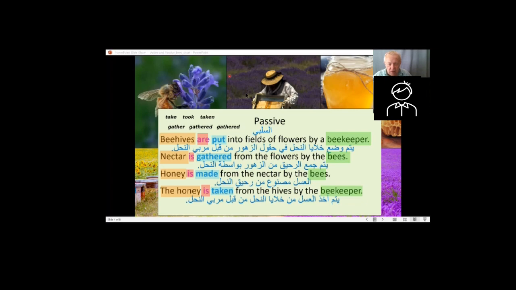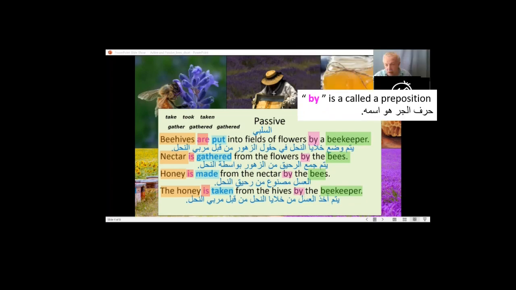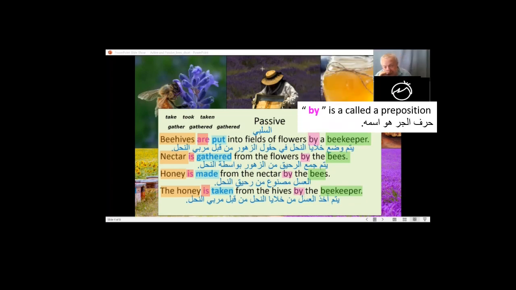Now you'll notice also that at the end of the sentence we have this little word by. By is what's called a preposition. By tells you who did it, or who it was done by.